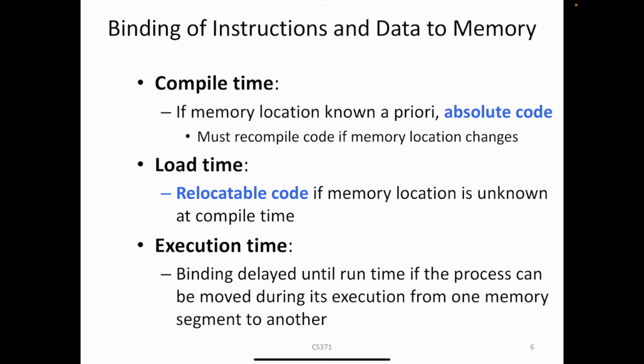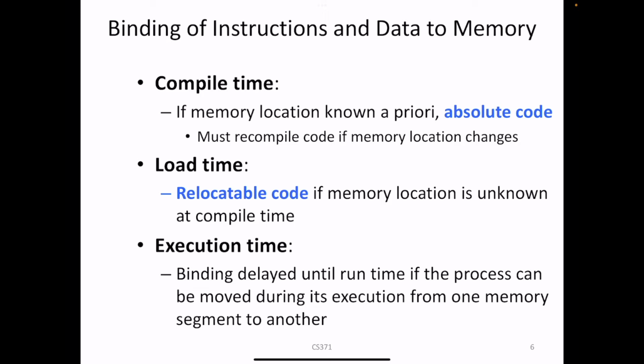Before the process is loaded onto the main memory, the absolute addresses of the process are already known. However, if the absolute addresses are already occupied by other processes, a conflict will happen. This process must be recompiled to change the absolute memory location. So we also call it static binding.